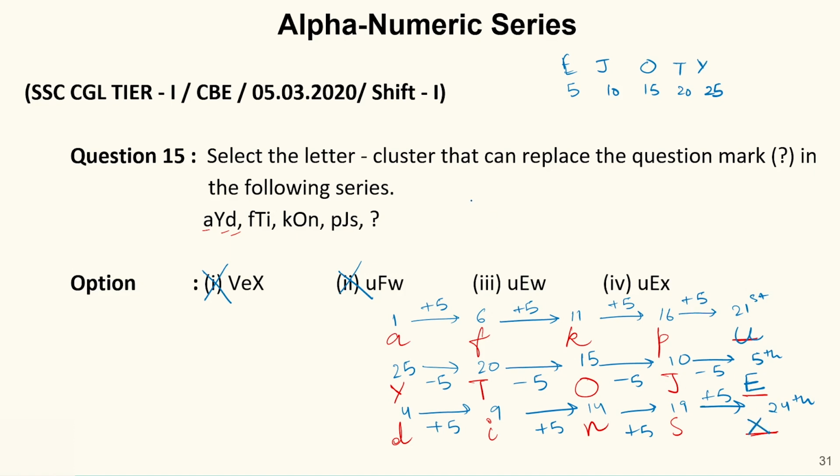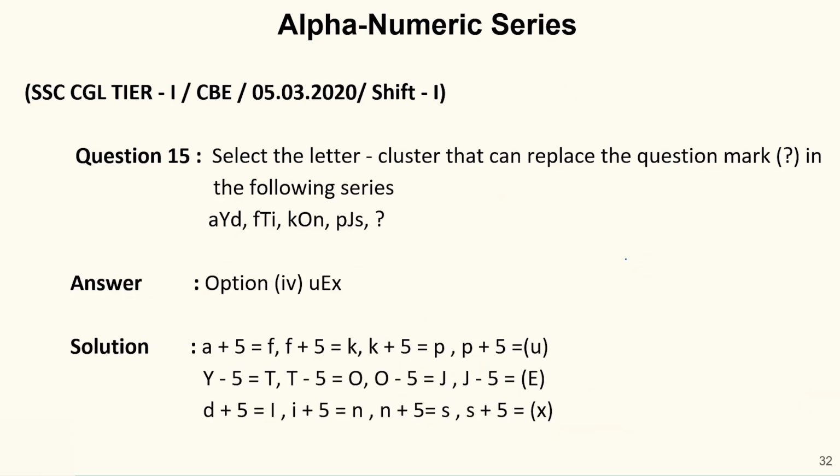So our answer will be U, E, X. That is option number 4. Okay, here you can see: increasing by 5, decreasing by 5, and increasing by 5. This is the logic that is being followed.